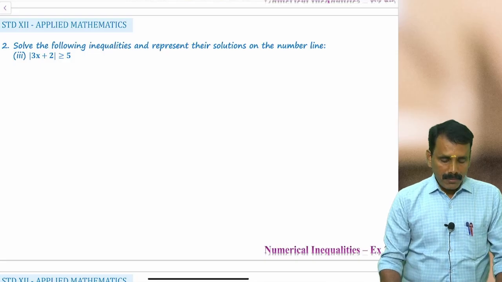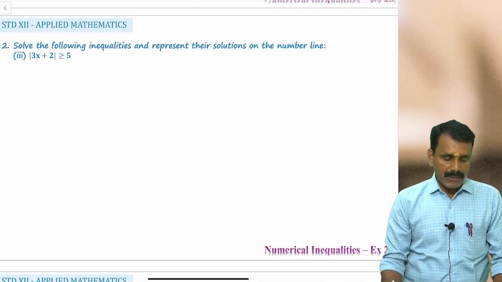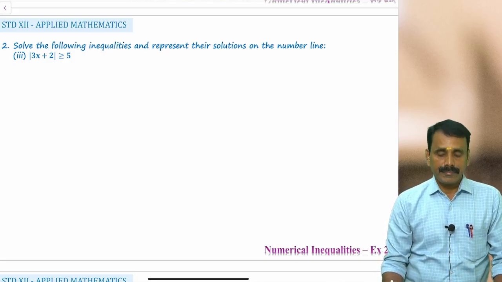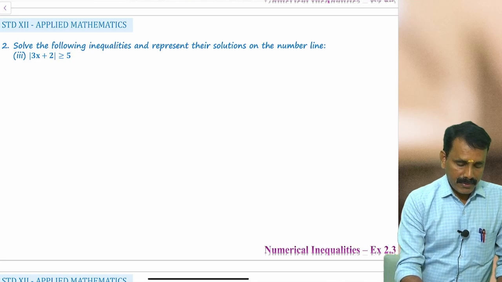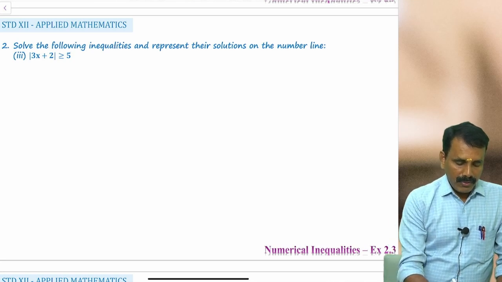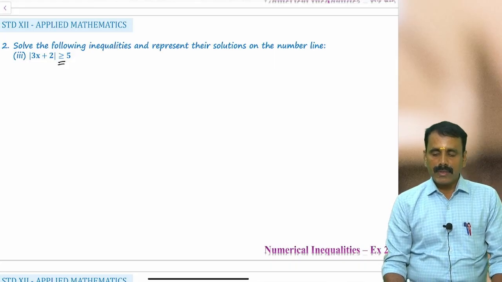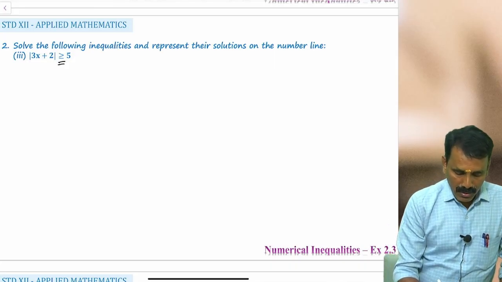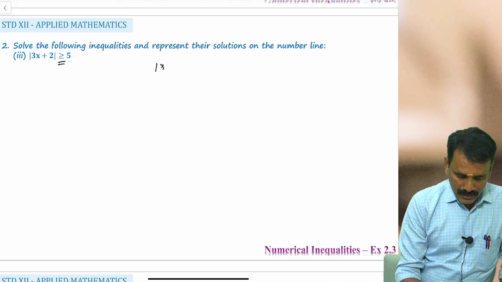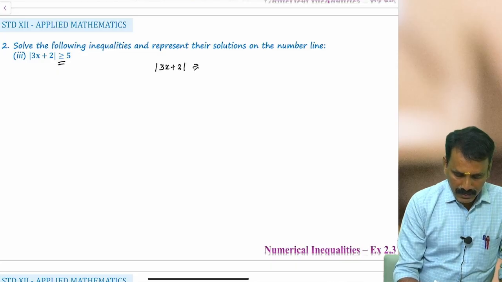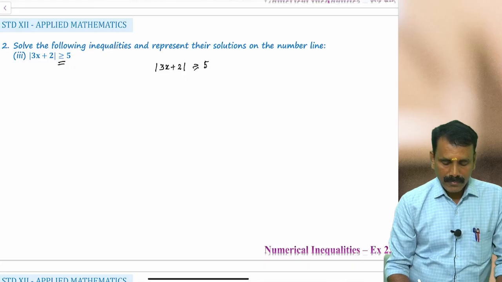Let us consider another problem, modulus of 3x plus 2 greater than or equal to 5. Now we are going to see inequality involving greater than or equal to. Is it clear? So modulus of 3x plus 2 greater than or equal to 5.